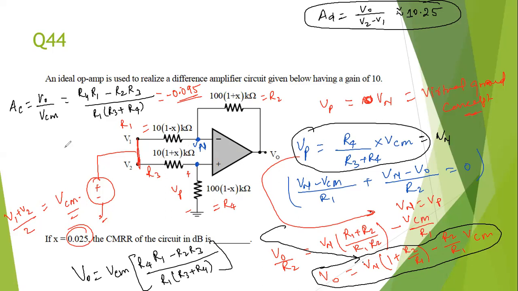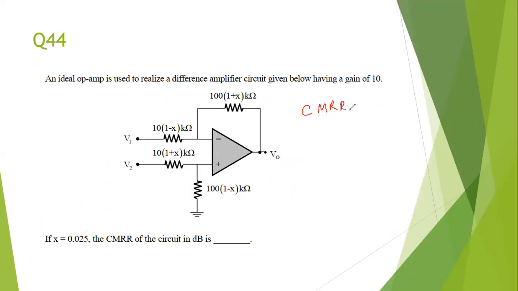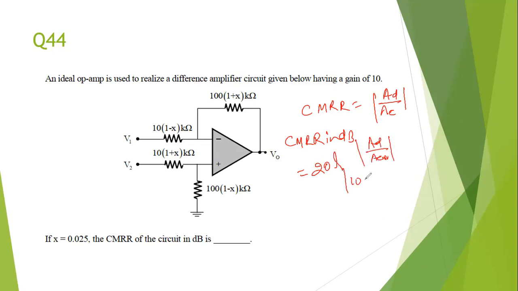Now what's the CMRR? So this is your AD, this is your AC. So CMRR equal to AD by AC. Now CMRR in dB, this is 20 log 10 AD by AC. What's the AD?